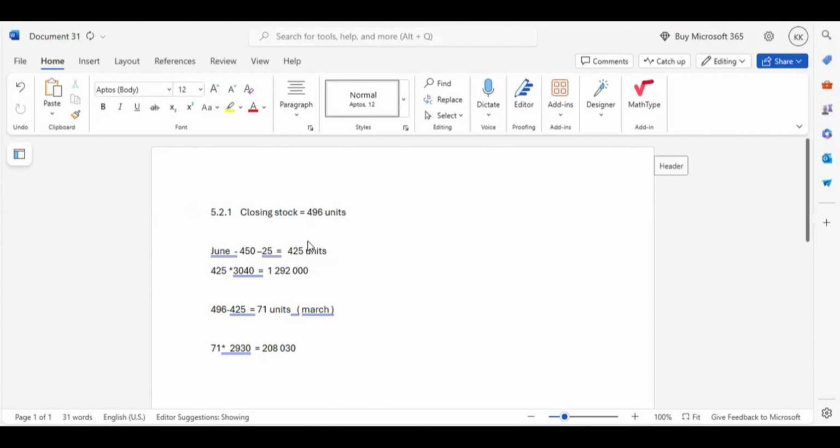Now, if you add the two, meaning 1,292,000 plus 208,030, you would get the total value of your closing stock at the end of the year. Now, the total value of your closing stock.